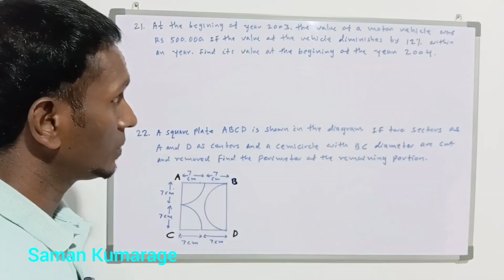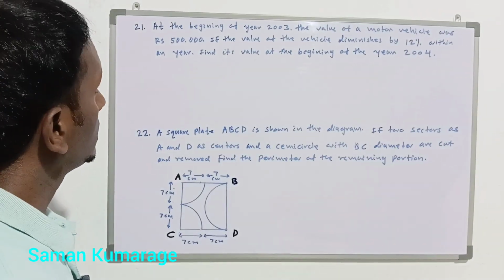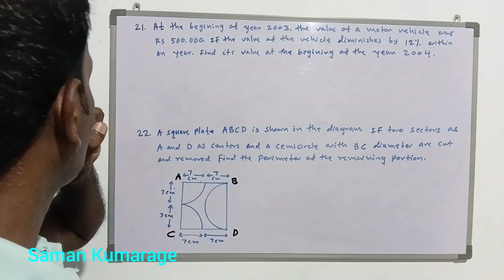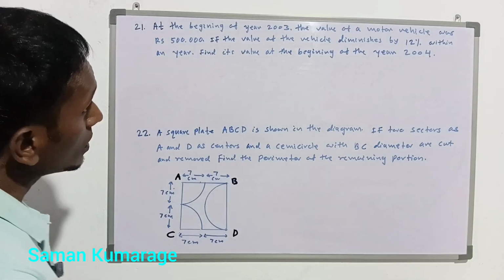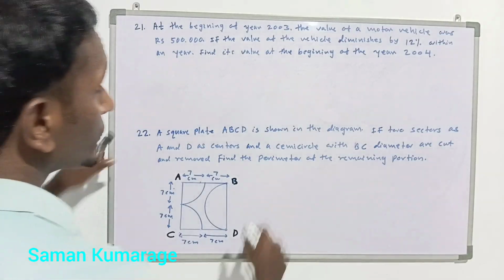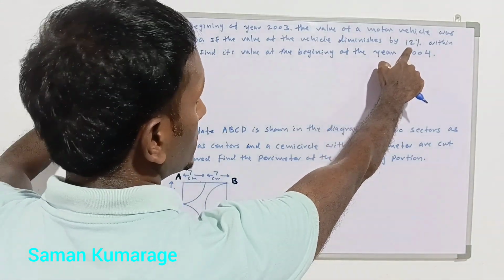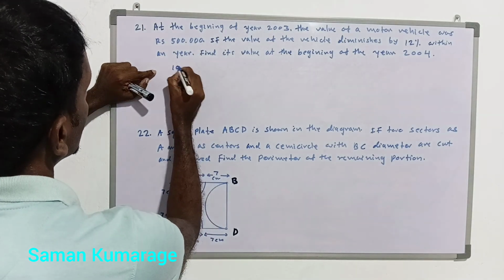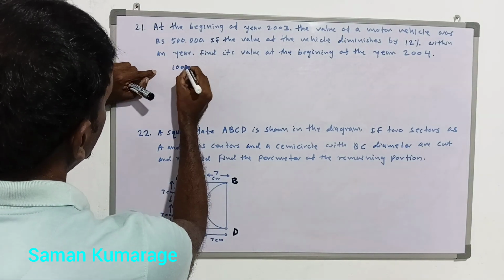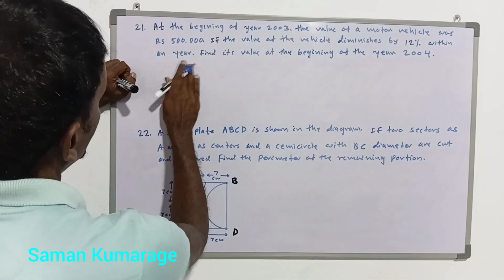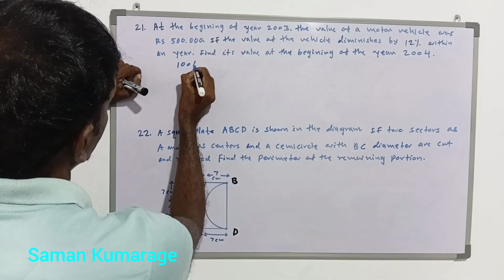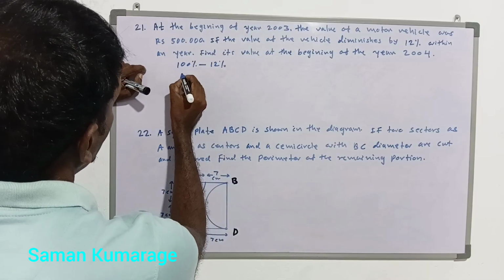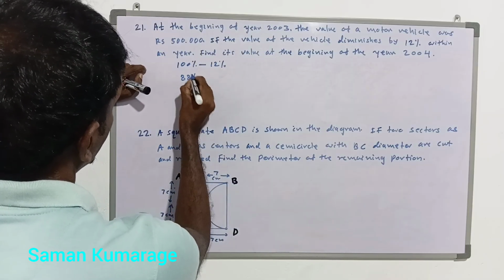So there are two methods that we can find the answer through. The first method is, if 12% decreases from 100%, the remaining percent is 88%.